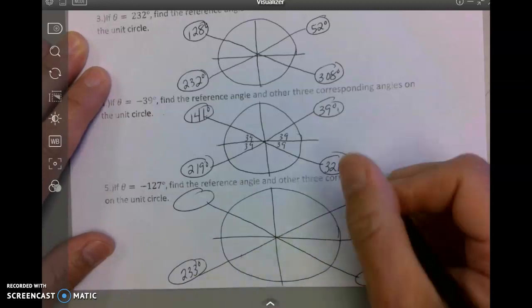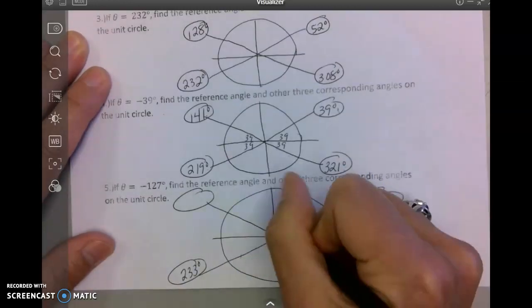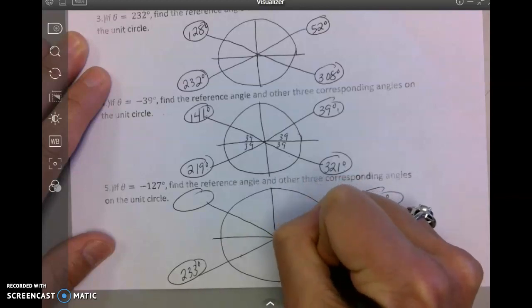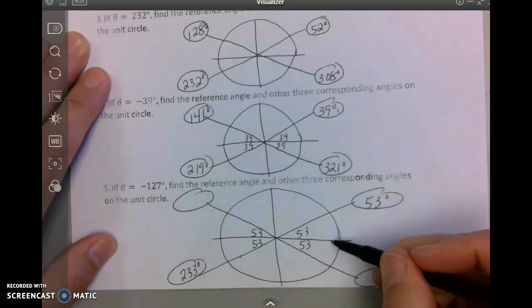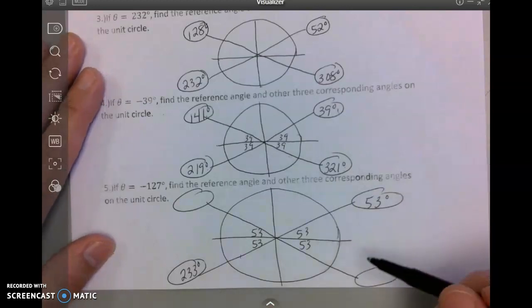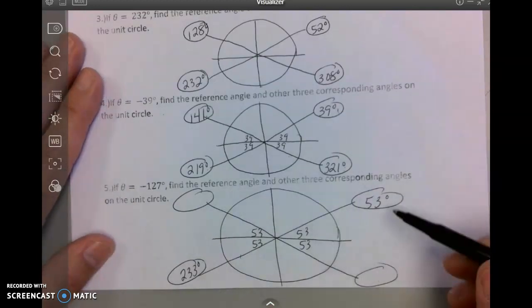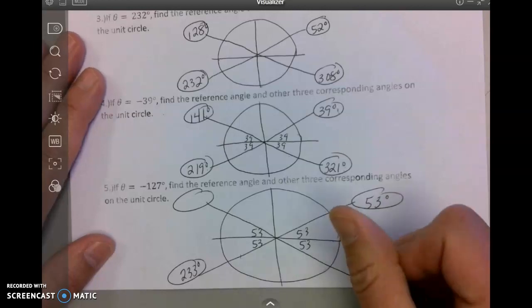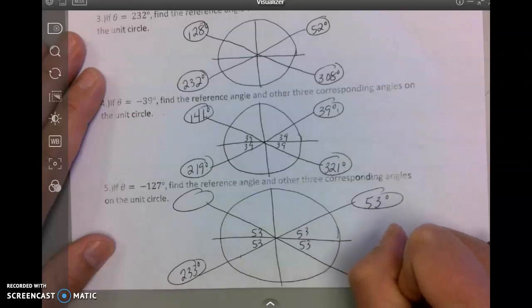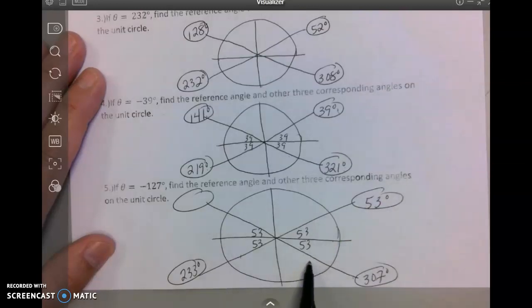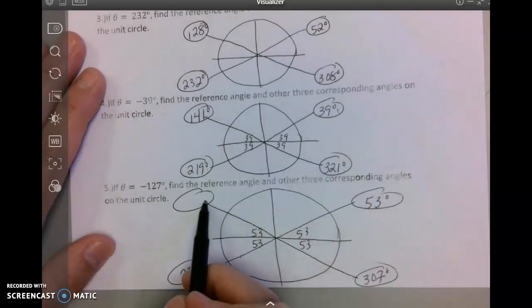Subtract 180. That I found my reference angle. The reference angle is always the angle between the horizontal and the angle in a line. These add up to 360, so subtract 360 minus 53. There's 7. Go in this direction on the straight line, so subtract 180.